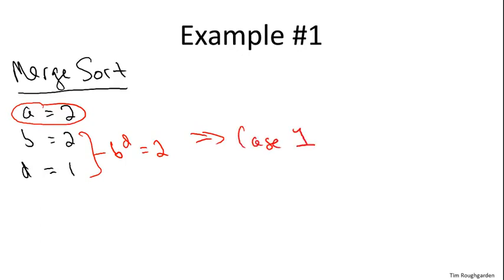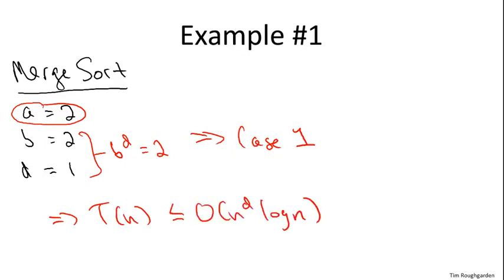So this puts us in case 1. And remember, in case 1, we have that the running time is bounded above by O of n to the D log n. In our case, D equals 1, so this is just O of n log n, which of course we already knew. Okay? But at least this is a sanity check. The master method is at least reconfirming facts which we've already proven by direct means.